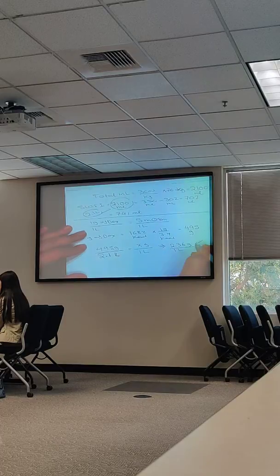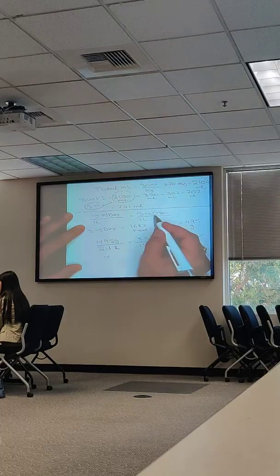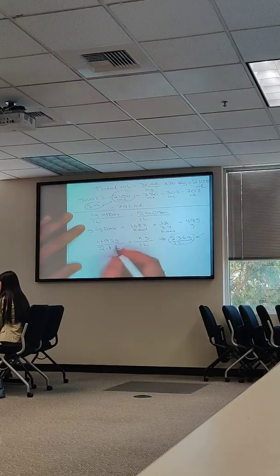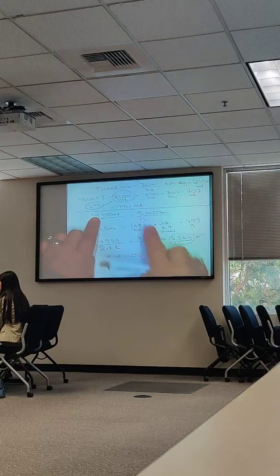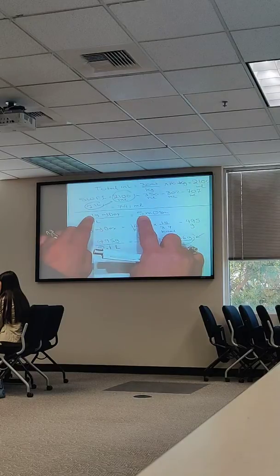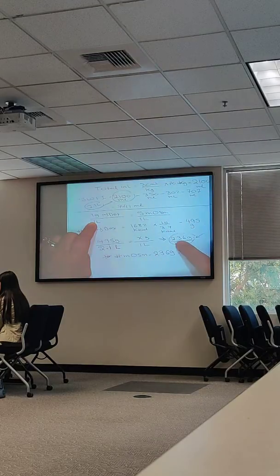Okay, now I can calculate the osmolarity. If each 1 gram provides 5 milliosm, how can I calculate the number of milliosm? So the number of milliosm equals 236 grams multiplied by 5. Each 1 gram per liter provides me with 5 milliosm per liter. So I have 236 grams in 1 liter.